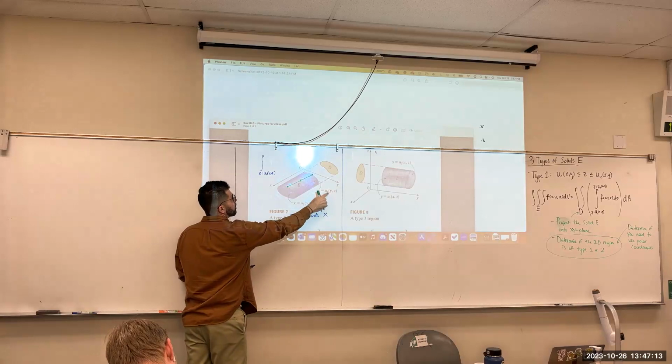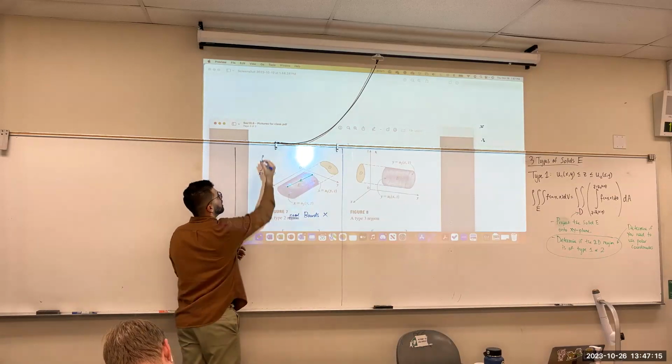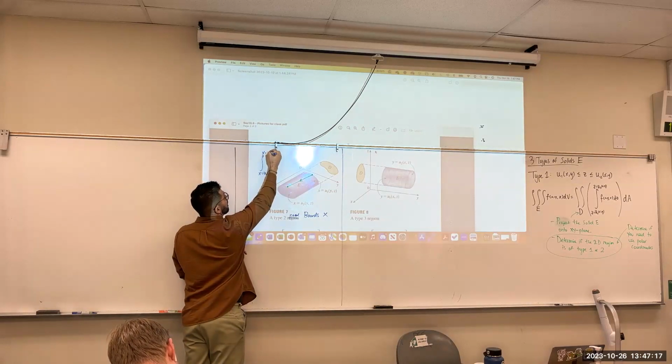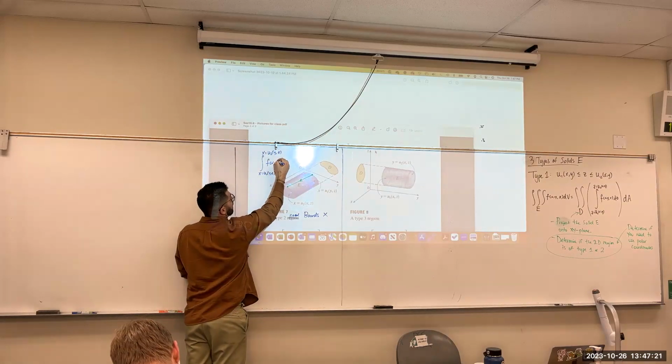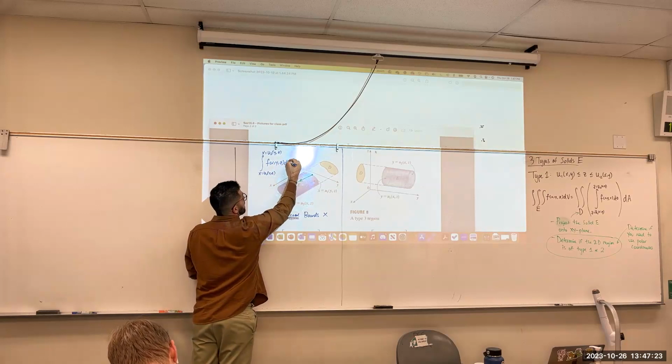It's bounded below by this function of Y and Z, and bounded above by this other function of Y and Z. f of x, y, z, but now you're doing dx first.